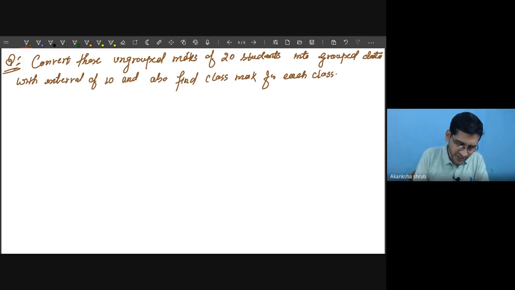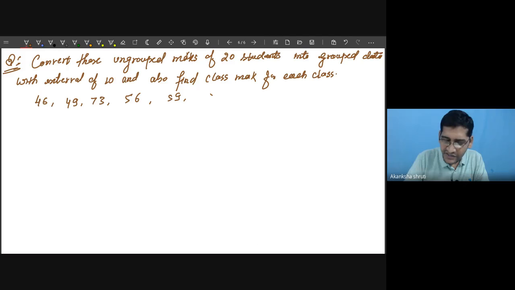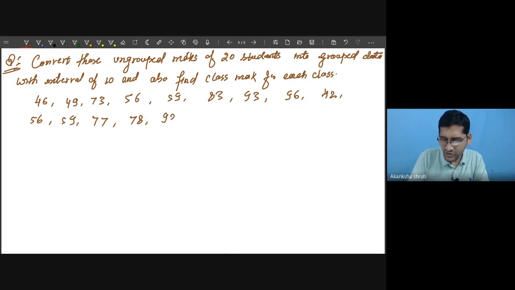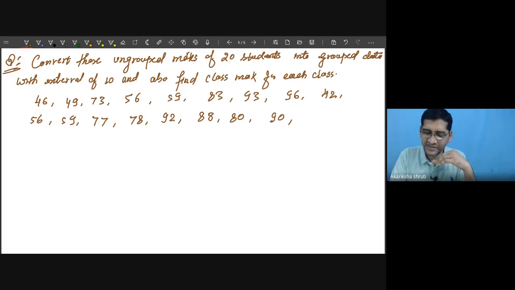So I'm going to write the ungrouped data, 20 ungrouped values. Let me take 46, 49, 73, 56, 59, 83, 93, 96, 42, then 56, 59, 77, 78, 92, 83 or 88, even 80, even 90, even 70.